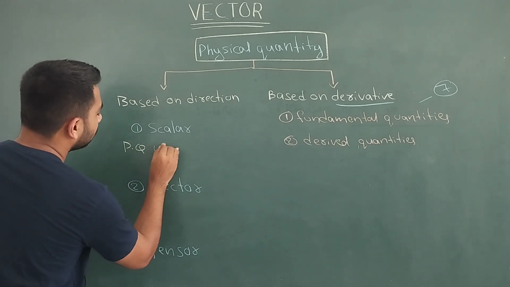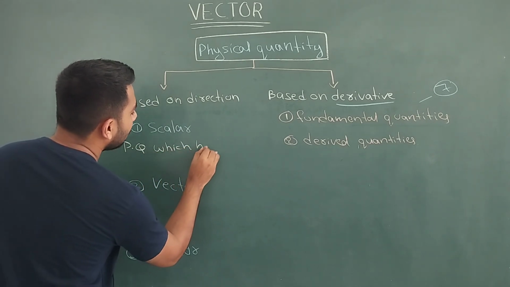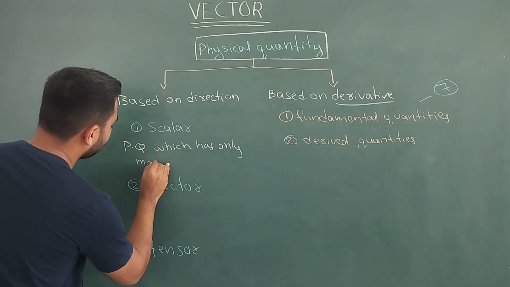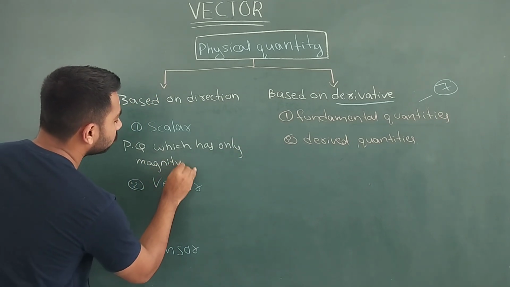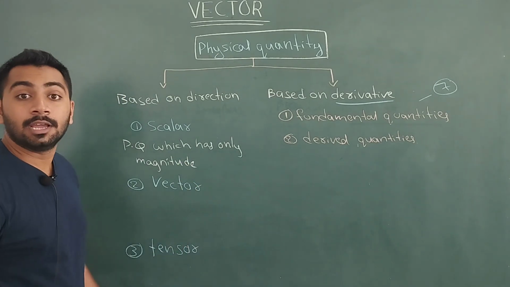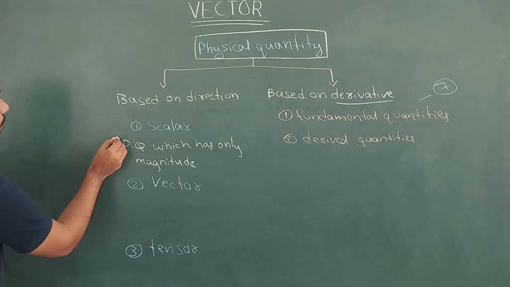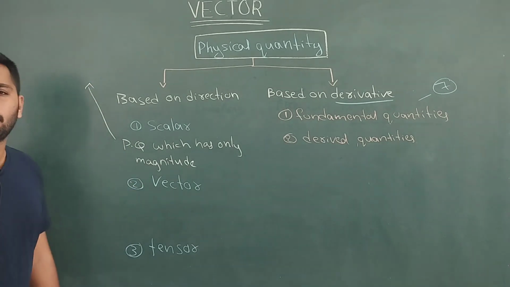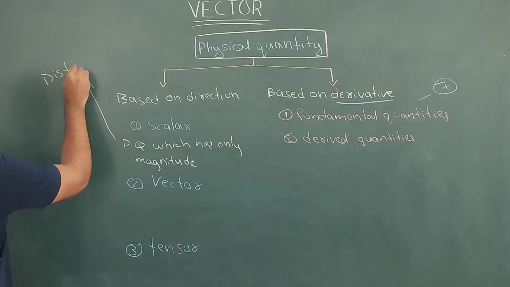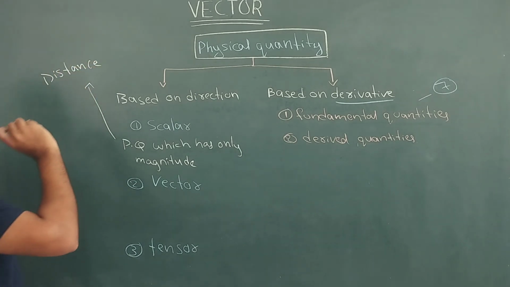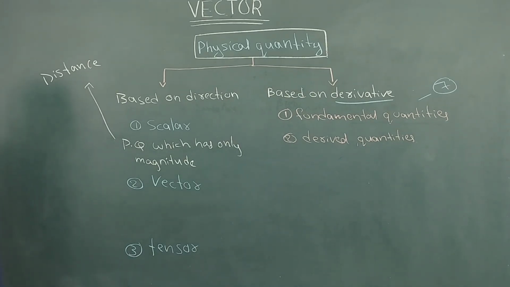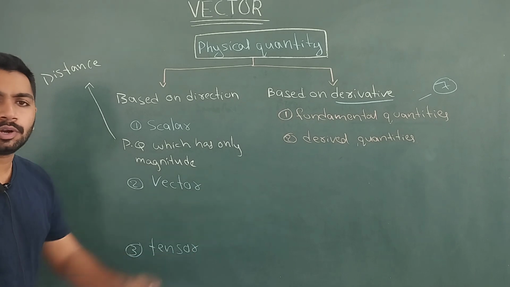Scalars are physical quantities which have only magnitude, like 5 kg potato, 5 kg, 2 hours. You can give as many examples as you want. First, you can say distance. Yes, distance. Sir, distance is a scalar? How, sir? From that point to this point, distance is covered.